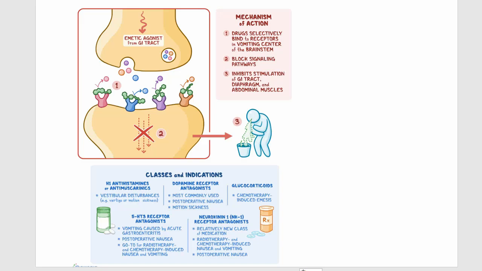And then finally we have metoclopramide. This one is another dopamine receptor antagonist, but it is used more to treat delayed chemotherapy-induced nausea and vomiting.